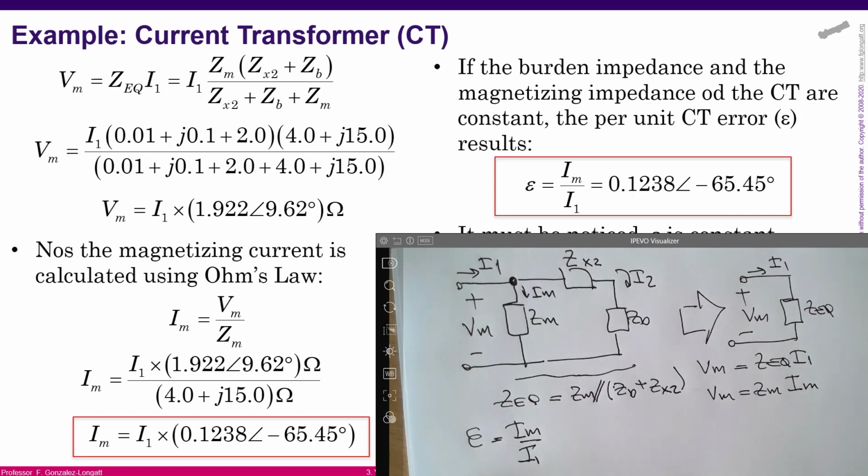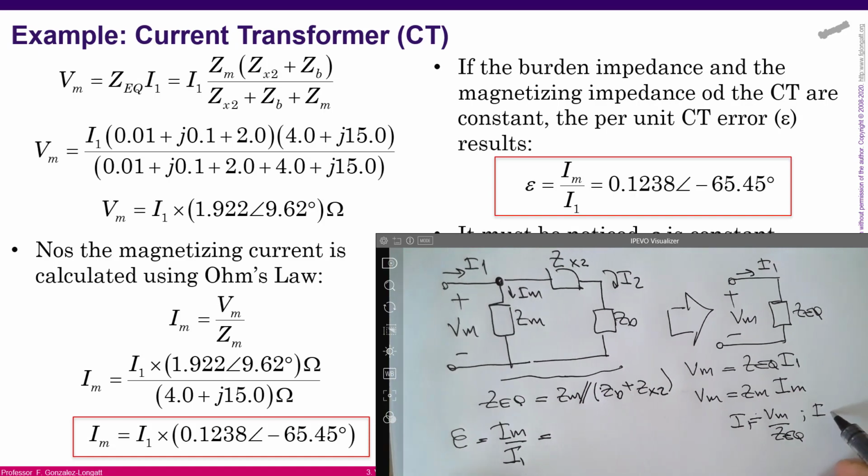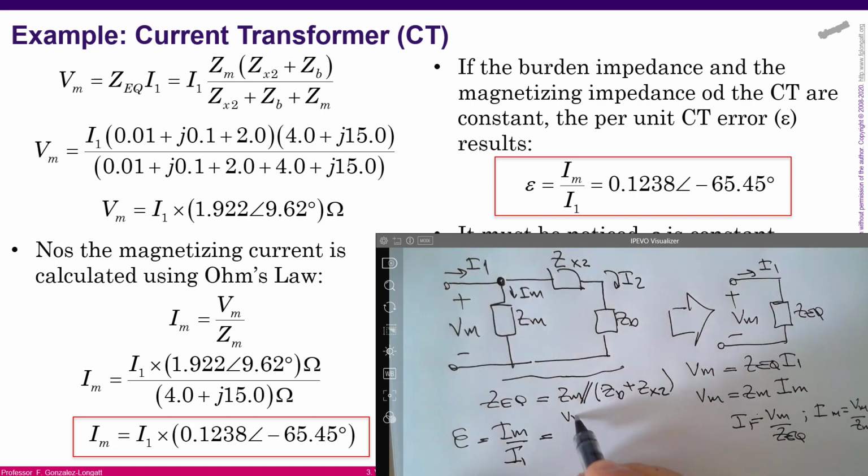From there, it's very simple to say that I1 is equal to Vm divided by the equivalent impedance, and also that the magnetizing current is the magnetizing voltage divided by the magnetizing impedance.